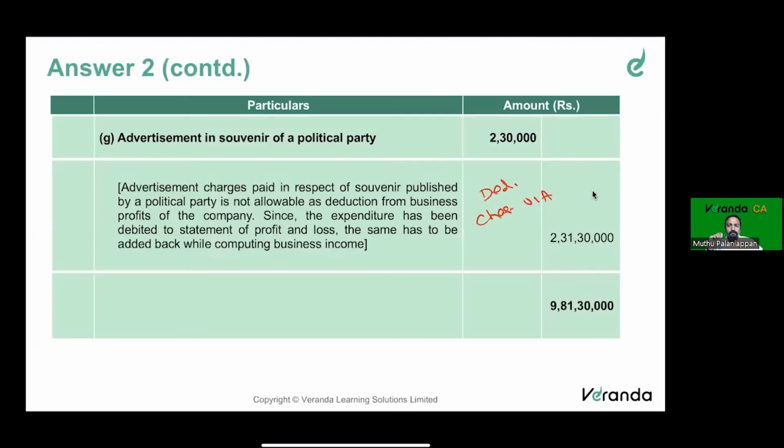There is a condition there. We'll discuss it when we actually get to the solution. So as far as this goes, it is not an allowed expenditure under section 37(2B). So this 2.3 lakhs is disallowed and added back to the income.